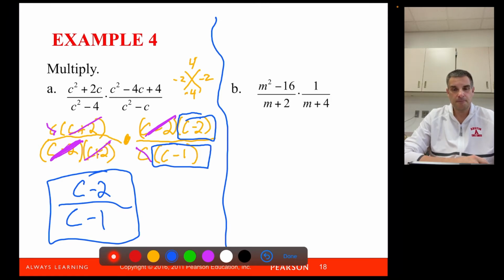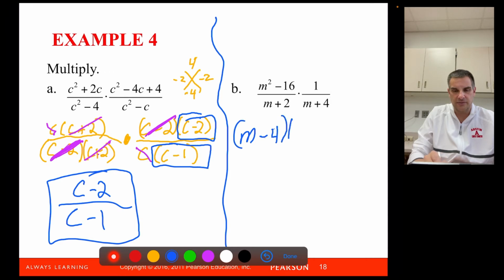Okay. So B, we've got m squared minus 16 over m plus 2 times 1 over m plus 4. Factor what we can. The m squared minus 16 is a difference of squares. So that factored is, the square root of m squared is m, the square root of 16 is 4, so that's m minus 4, m plus 4, over m plus 2, times 1 over m plus 4.